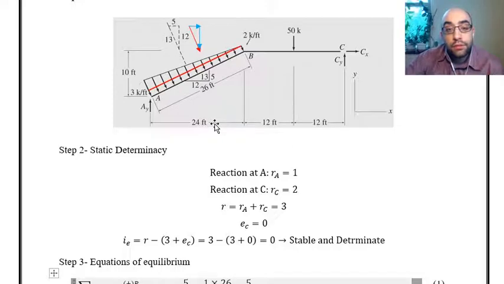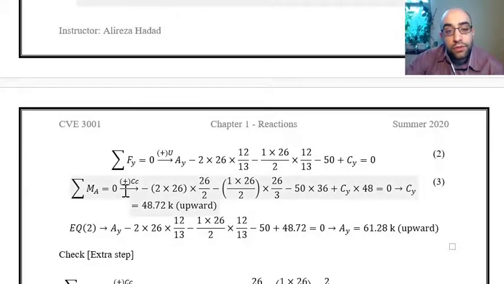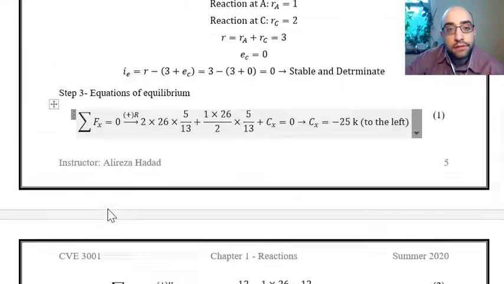The other thing that we have to make sure we include in our calculations is the positive or negative signs. I always assume the positive direction for moments is counterclockwise. So whenever a moment is in the counterclockwise direction, it is positive. If it is in the clockwise direction, it is negative.